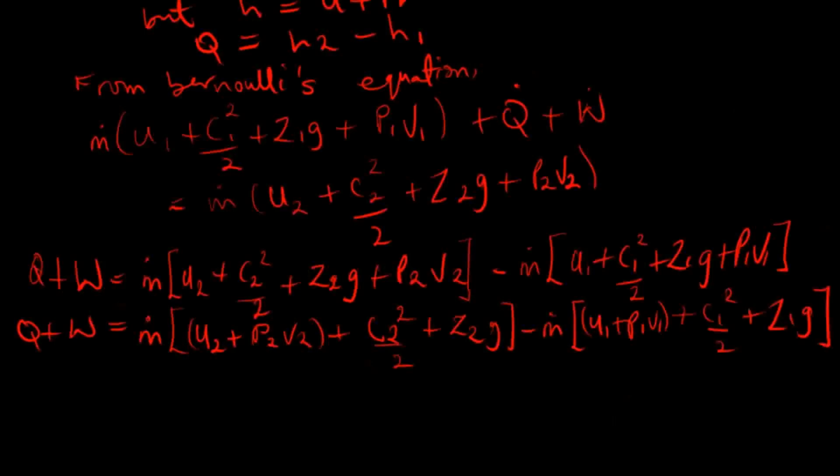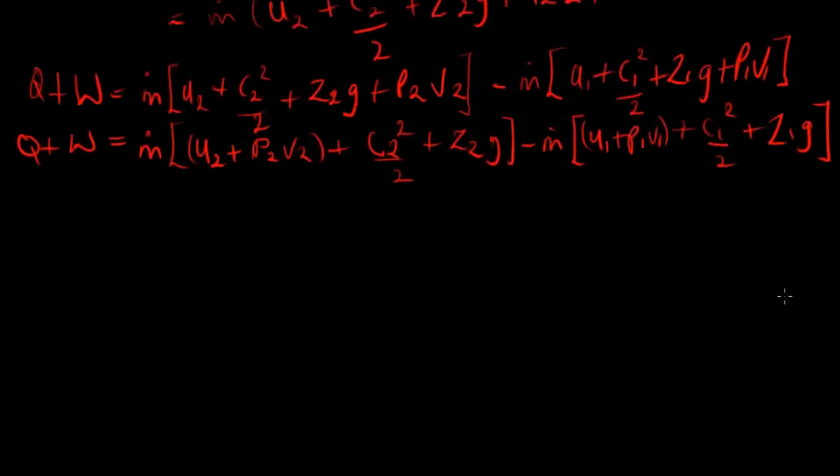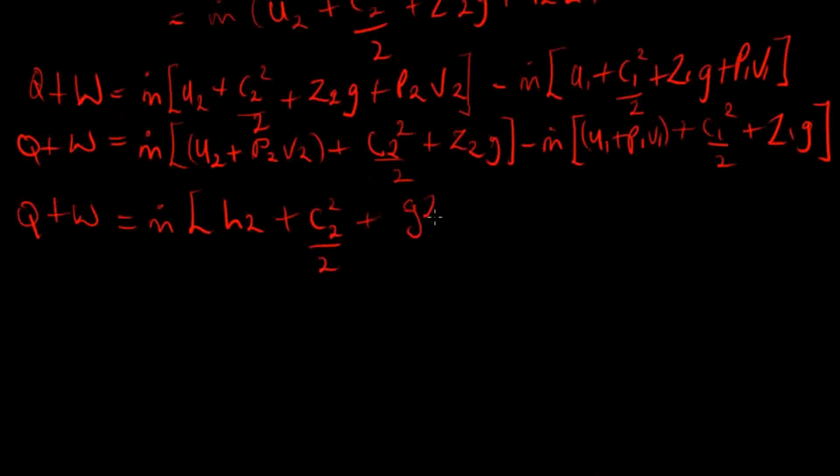We are about to get the final equation. This is H2 plus C2 squared over 2 plus GZ2, minus M times H1 plus C1 squared over 2 plus GZ1.